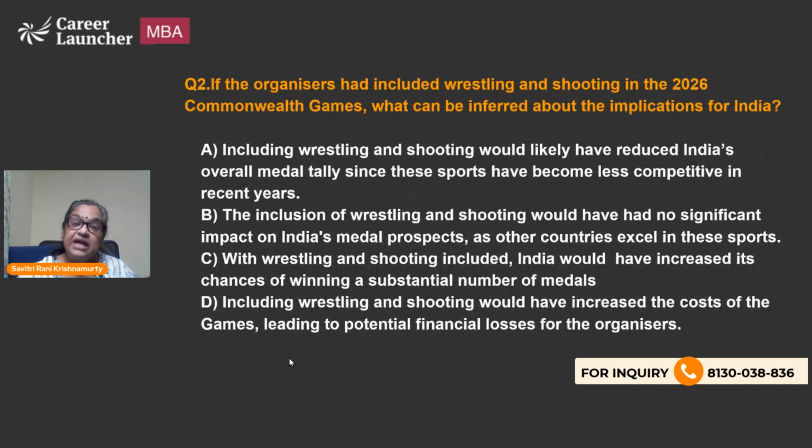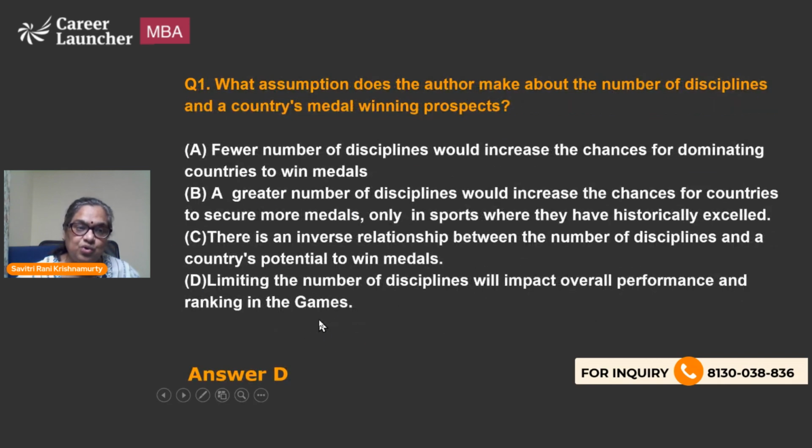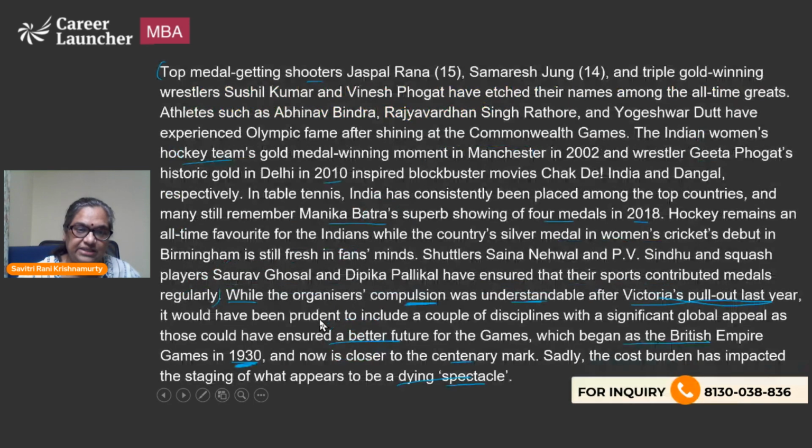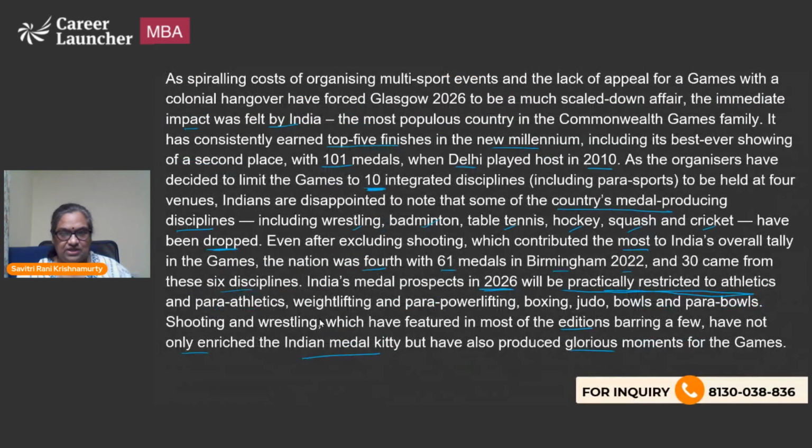Question 2. If the organizers had included wrestling and shooting in the 2026 Games, what can be inferred about the implications for India? Let's go back to the passage. What has the author said? Author has said that many disciplines, including wrestling, badminton, hockey, and squash, have been dropped.